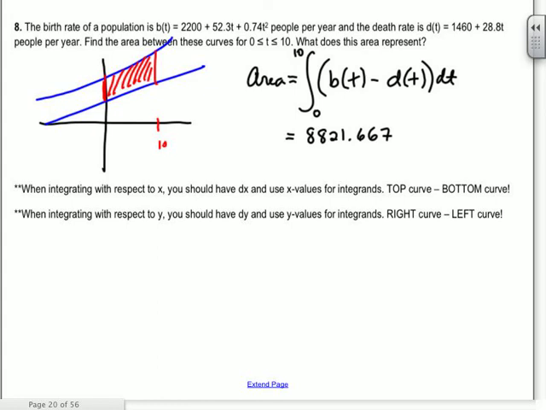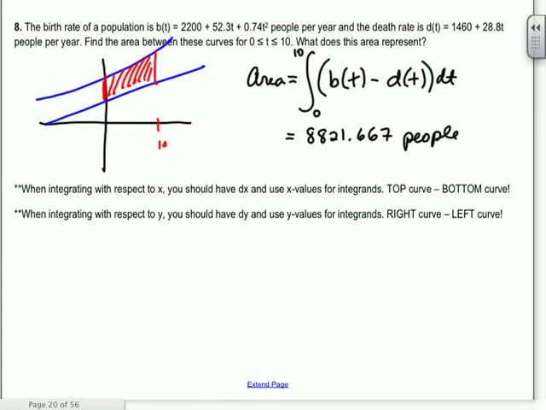Okay, so what does this area represent? Is it people? Is that our units? And what does the 0 to 10 mean? Over 10 years, what's happened?